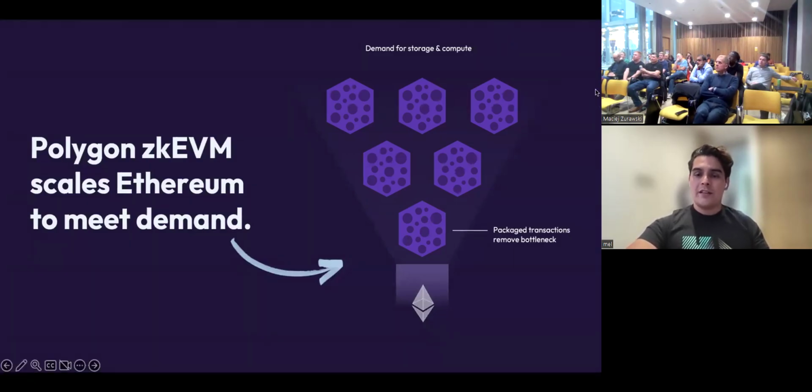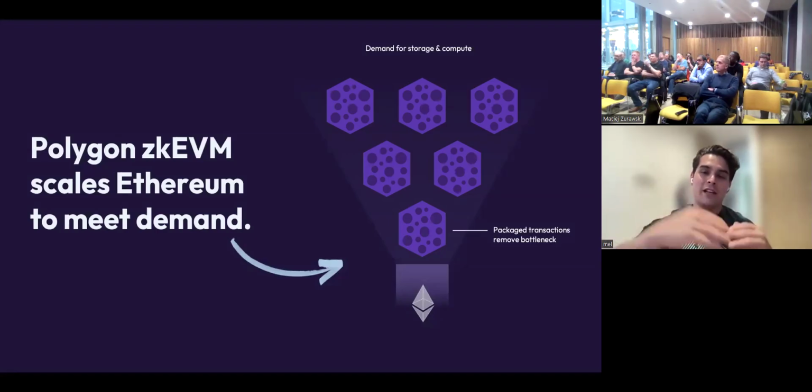So what we are doing here in the layer two world, as we call it, is creating a new layer where we can perform a lot of other transactions and do this computation off chain regarding Ethereum mainnet, thus saving us some costs when it comes to storage on the Ethereum mainnet.